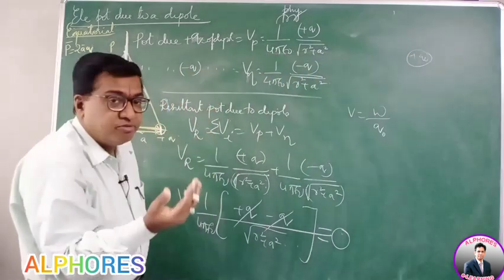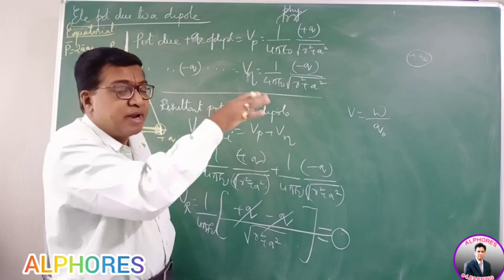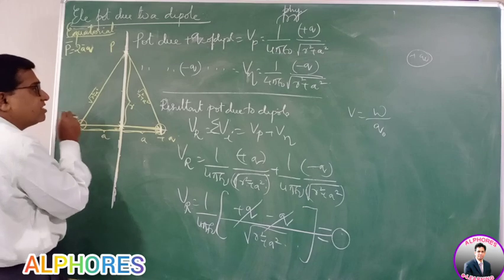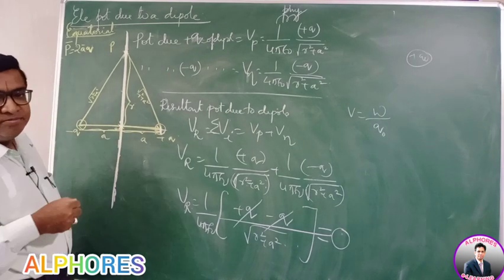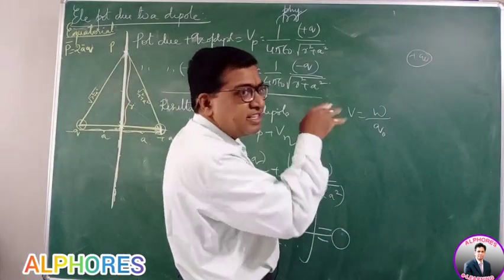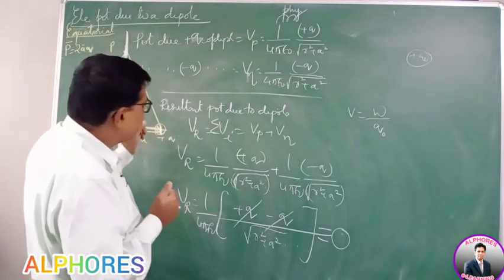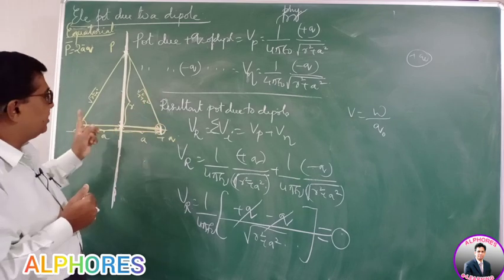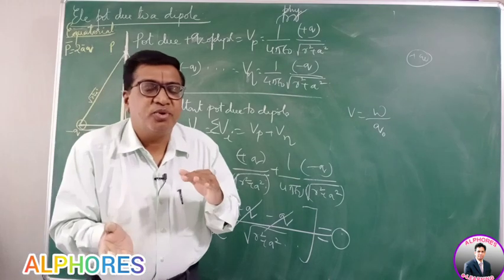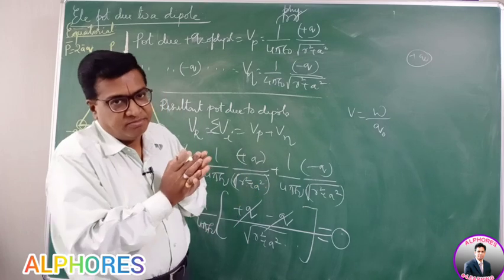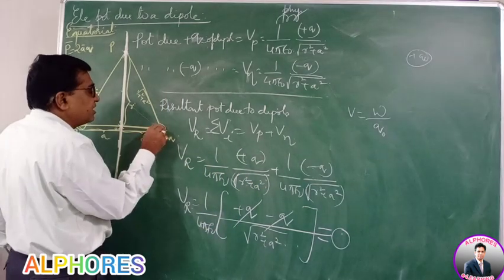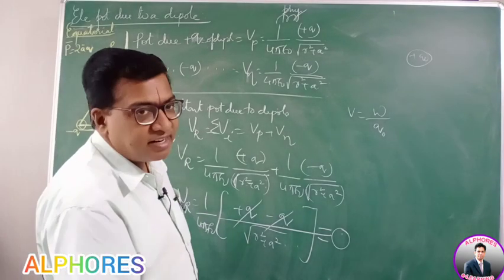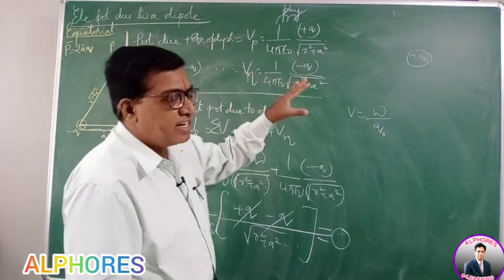The work is spent, energy is spent, so the system gains potential. But the negative charge will attract it, so the work done by the external agent is negative, and the system loses potential. So due to the positive charge, potential is gained; due to the negative charge, potential is lost. Both are equal, so the net potential is 0. The work done positive and work done negative give a net work done of 0. So both cancel one another.